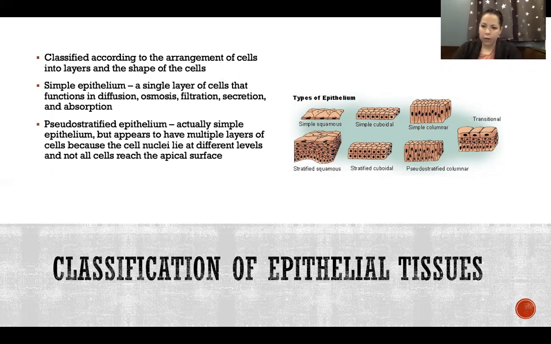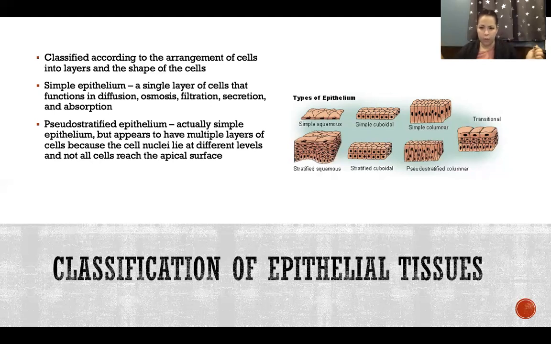Pseudostratified epithelium is still a single layer of cells, but it's pseudostratified, meaning that it's like fake stratified, like it looks like it's stratified. If we looked at pseudostratified epithelium under a microscope, what we would see is that the nuclei of all the different cells are all at varied heights. So we would see many different nuclei, not all lined up in a row.